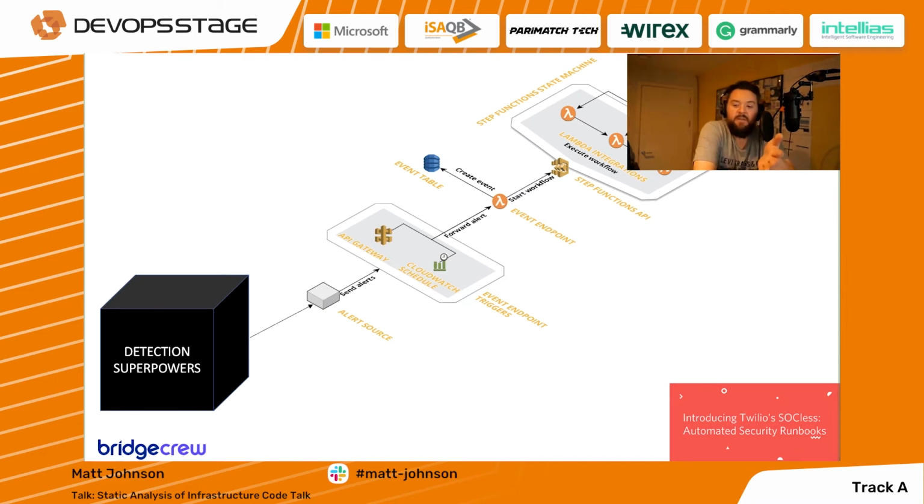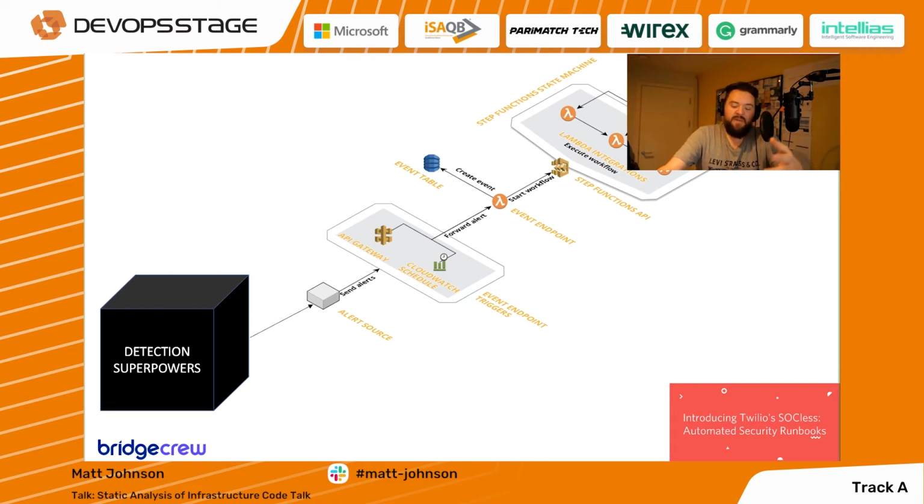The idea being that if something triggers in production, the Twilio Sockless blog allows you to automate response to the simpler, more common use cases.